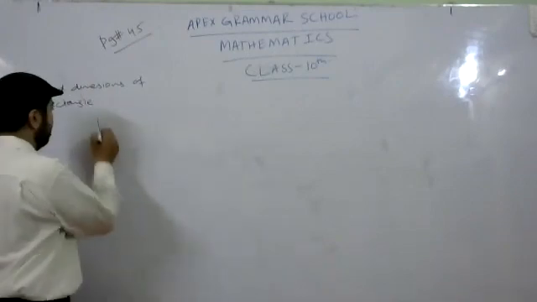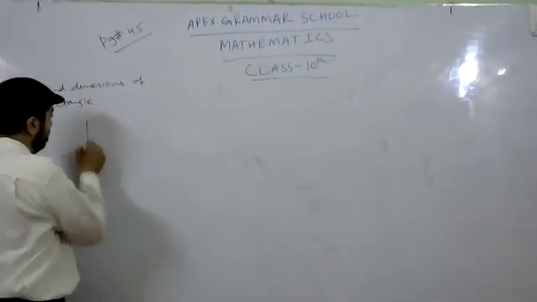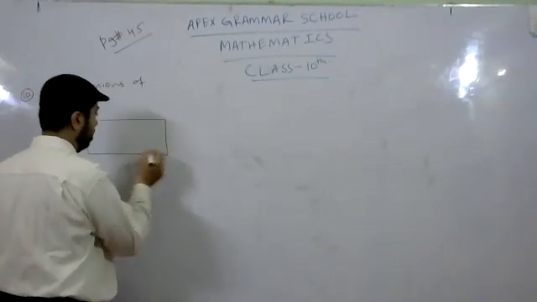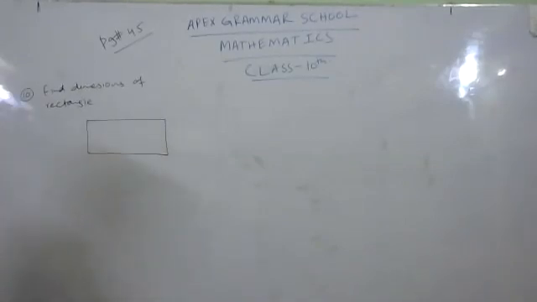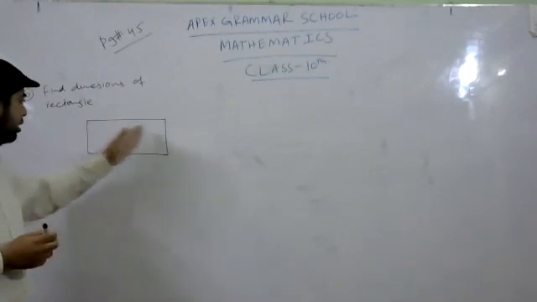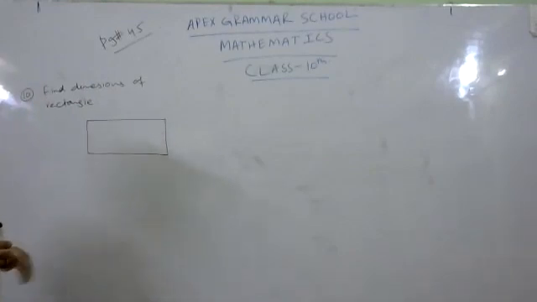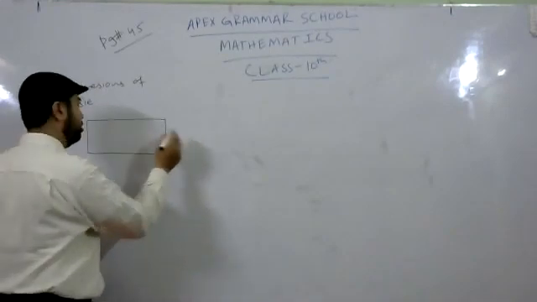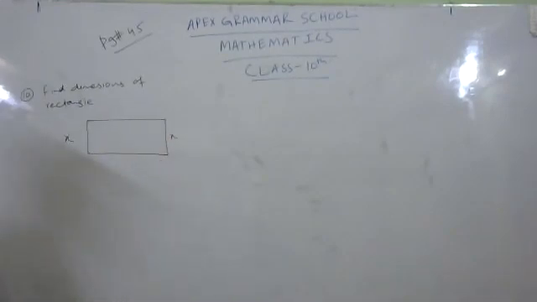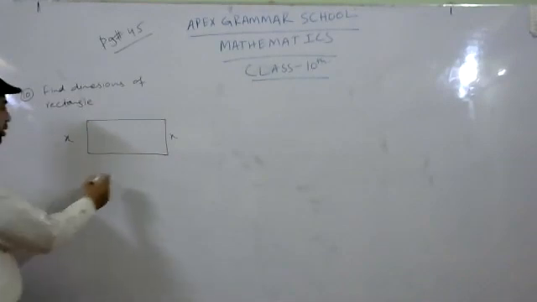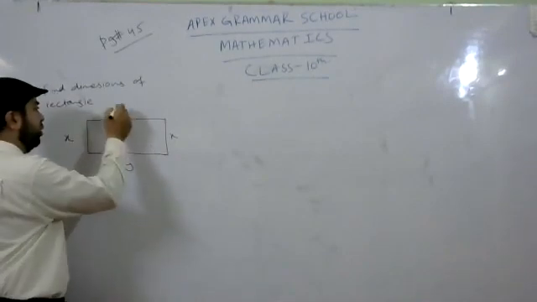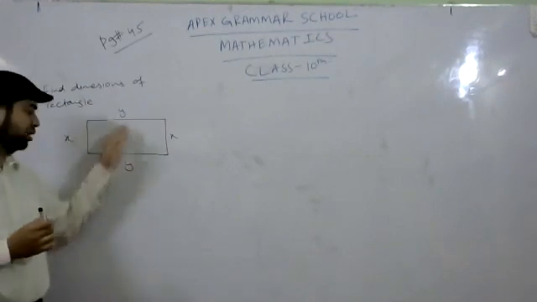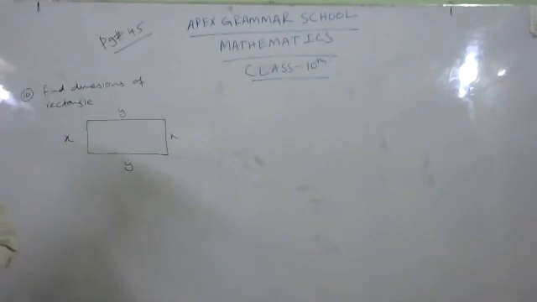So if this is a rectangle, you can see that only its opposite sides are equal. If this is x, then its opposite side will also be x. If this is y, then its opposite side will also be y. Only its opposite sides are equal, not all sides.